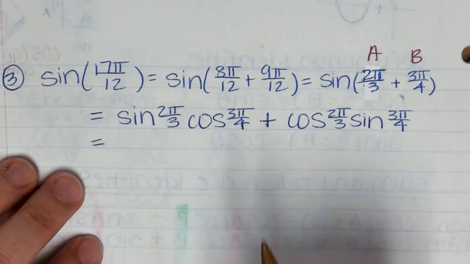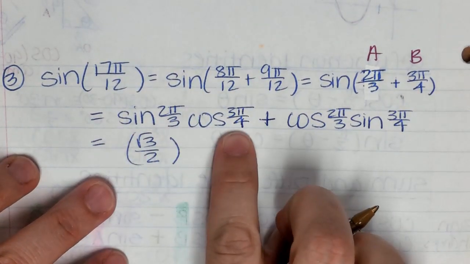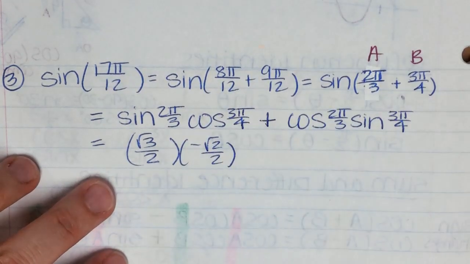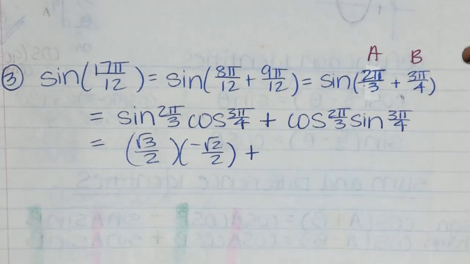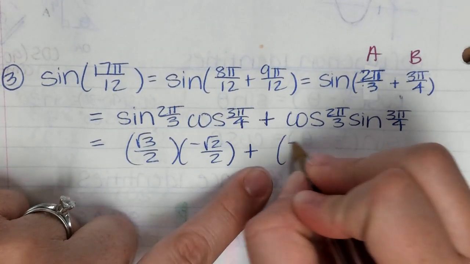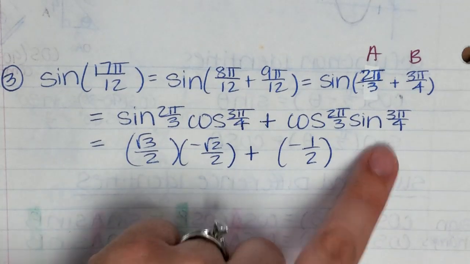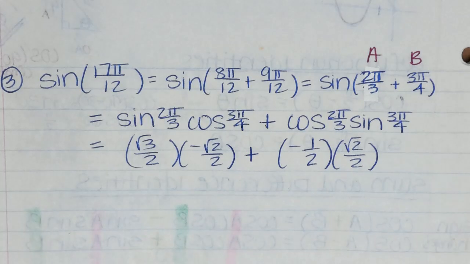The sine of 2 pi over 3 is square root of 3 over 2. Cosine of 3 pi over 4, negative square root of 2 over 2. Plus the cosine of 2 pi over 3 is a negative 1/2. And the sine of 3 pi over 4 is a positive square root of 2 over 2.